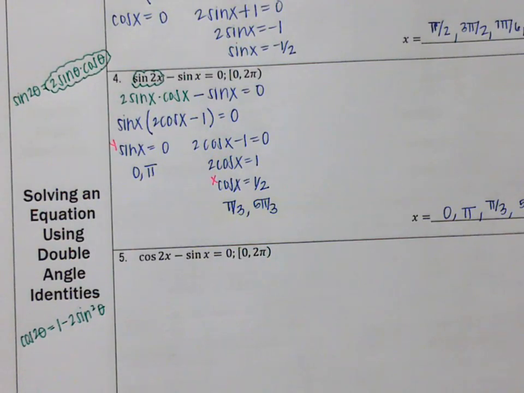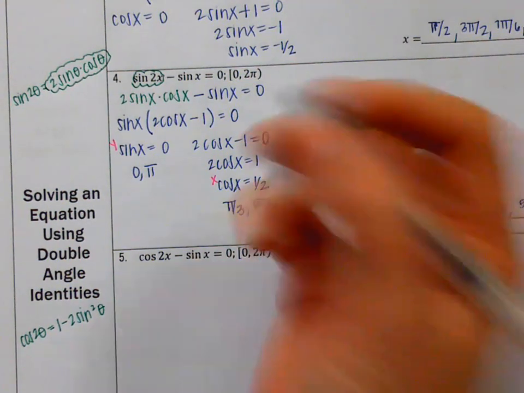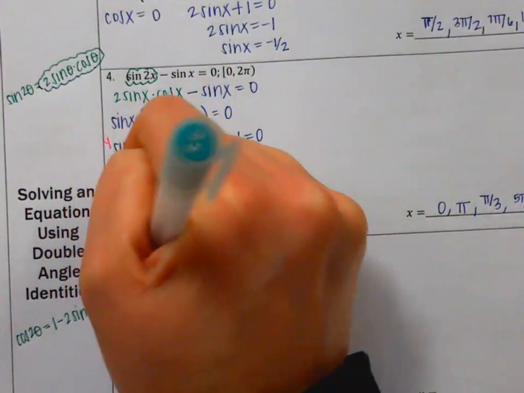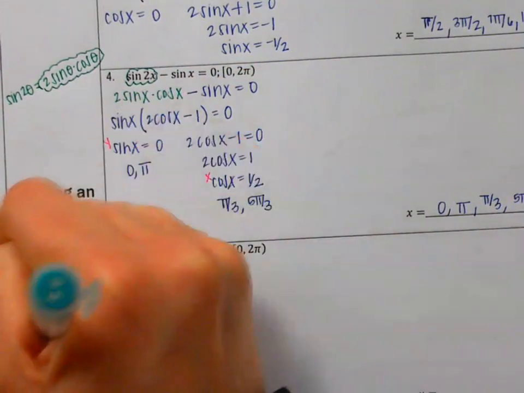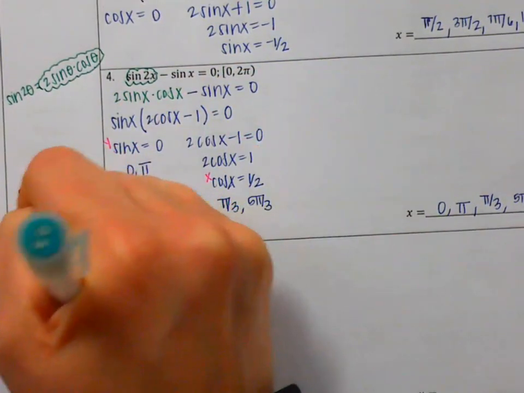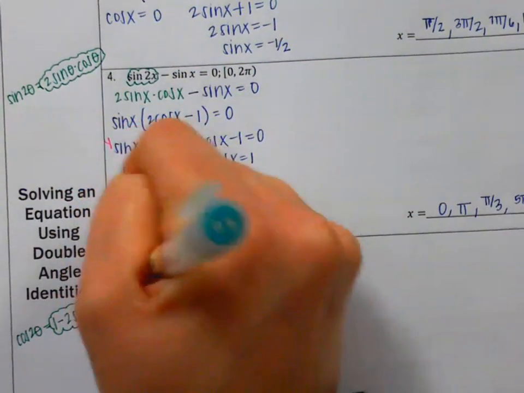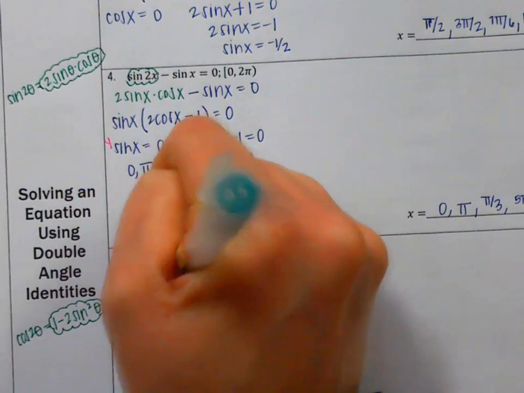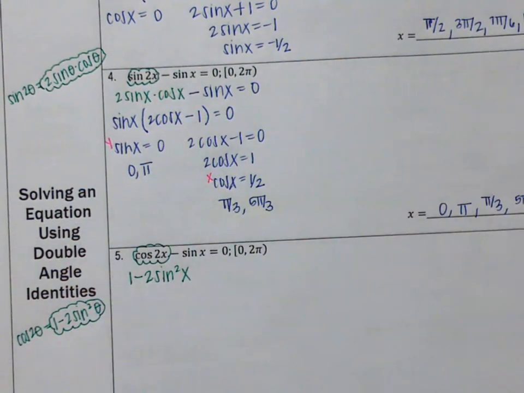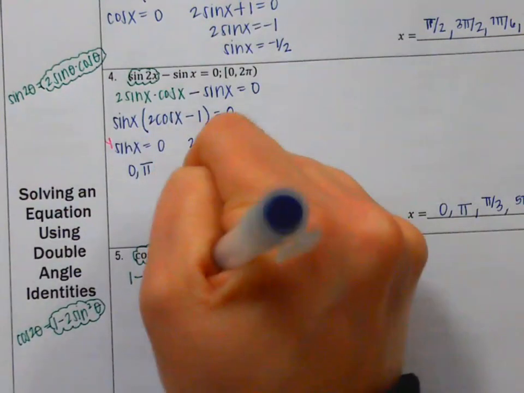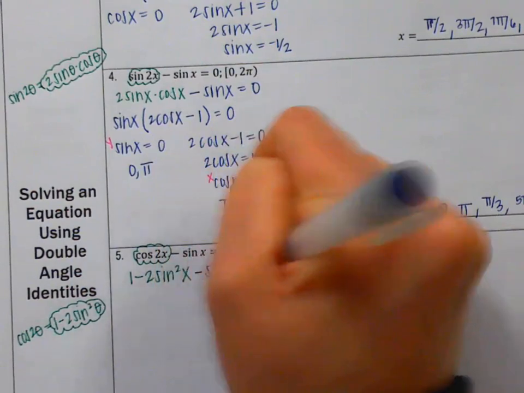There's not a time when you're putting it into an equation that I could imagine you'd use cosine squared theta minus sine squared theta. Okay, so I'm going to replace that. And so cosine 2x is going to become 1 minus 2 sine squared x. And then the rest is the same.